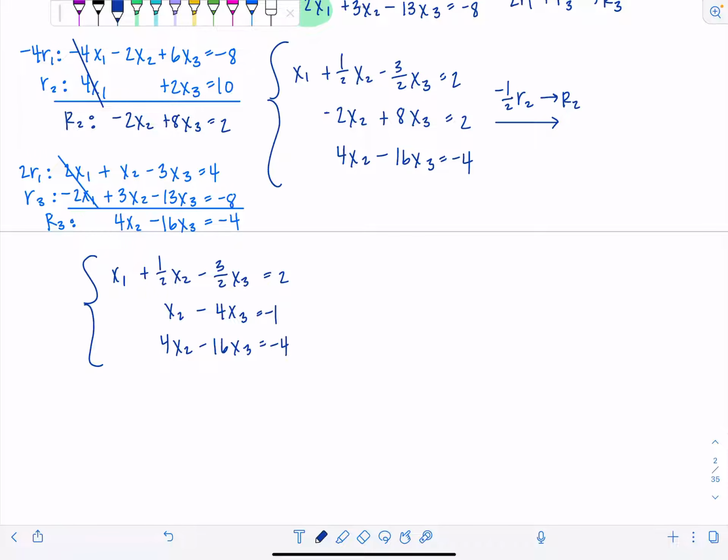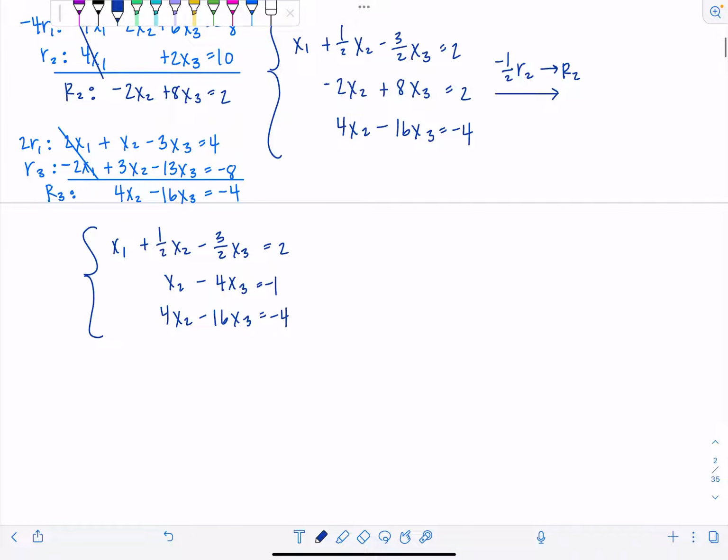Beautiful. Now what do we try to do? Well, similar to before, I'm going to use this x2 to make zeros in the entries above and below it in that column. So I want there to be a 0 here, and I want there to be a 0 down here. Okay, so how do we do that?